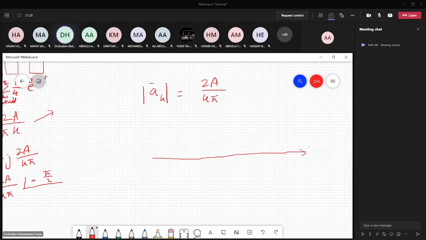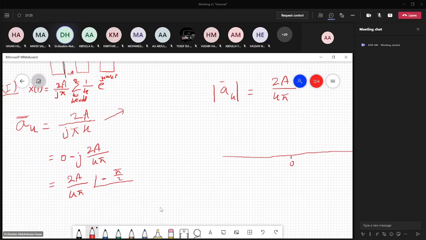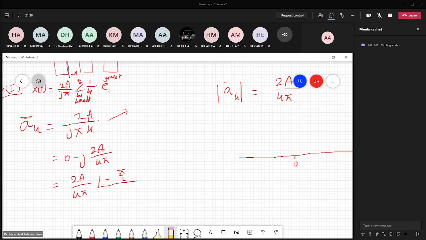We draw this one. This is k. Okay, an important point here not to forget: k belongs to odd, only for the odd. And also k is from minus infinity to plus infinity. These are the two important things.